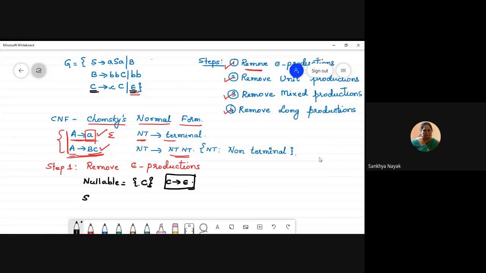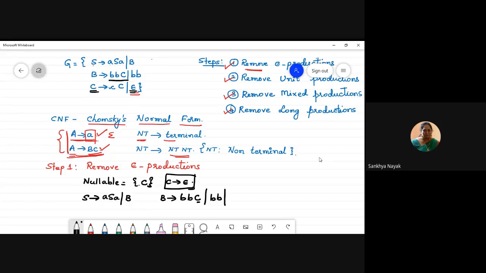So let us see. S derives AS, A or B. This doesn't have C at all, so it will remain as it is. Correct? And B derives, you have BBC, right? So since capital C is nullable, I'll keep it once as it is, and once I'll remove it because it is nullable.